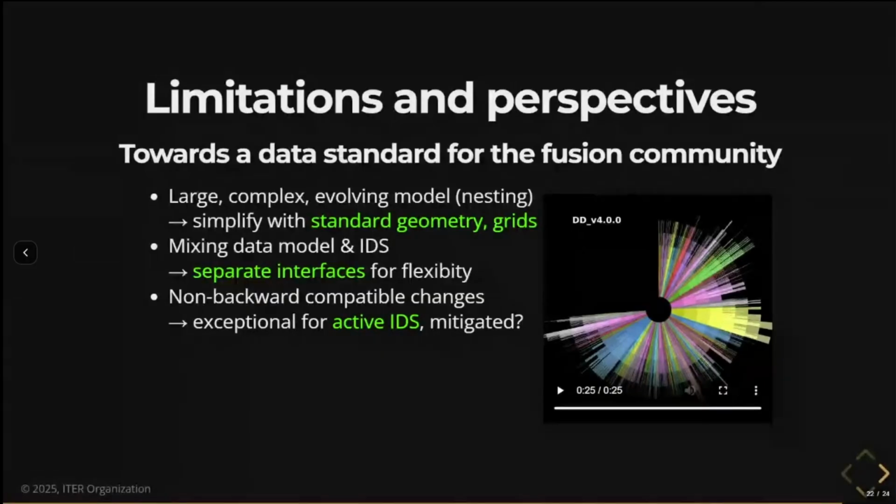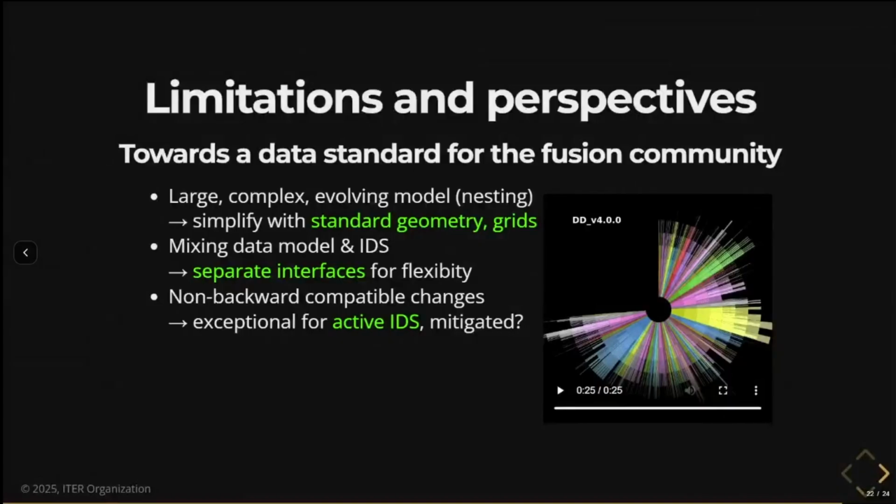We are trying to simplify it, or we want to try to simplify it using more standard definitions of geometries and grids, relying on things that have been done outside of the fusion community and are already used extensively in other communities. We want to better separate the data model from the interfaces.